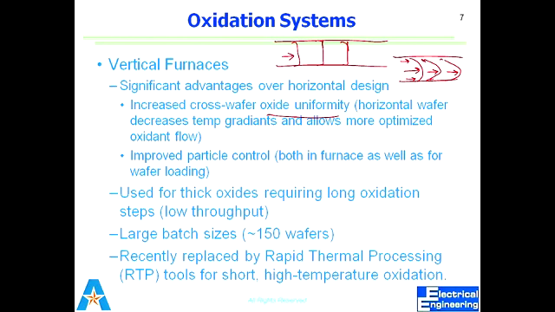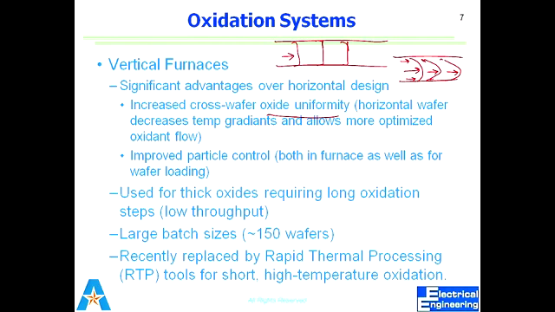Secondly, now this vertical furnace is used for thick layer oxide. So it means that the wafer needs to be inside the furnace for a much longer period of time.